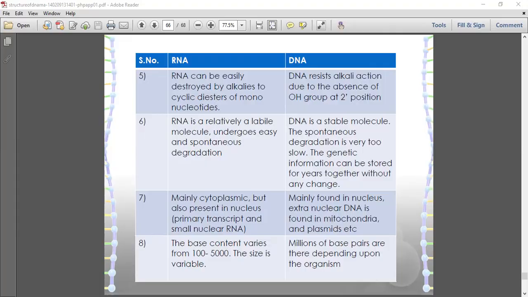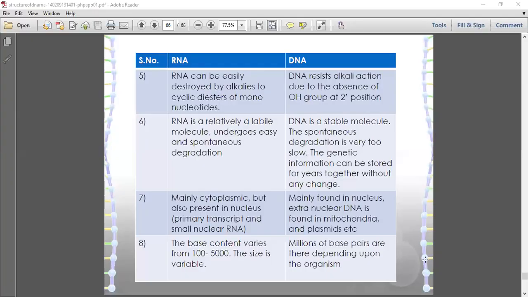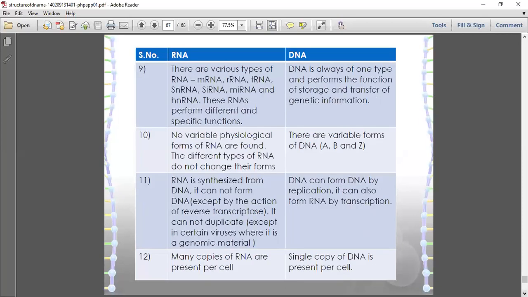So I hope the difference between RNA and DNA is clear to all of you. Or is there any doubt in any point? It's a long difference. We jotted down all the characteristics, but at least 3 to 4 you should remember.